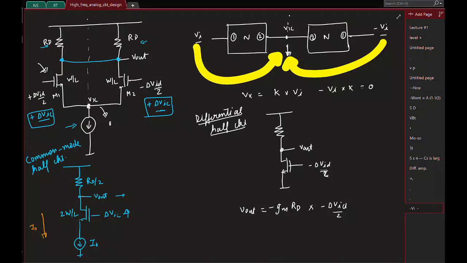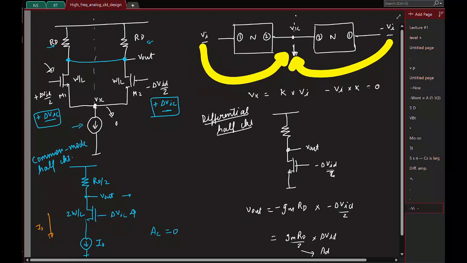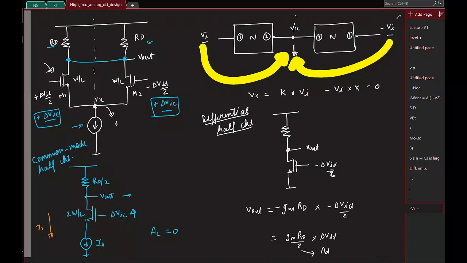So the gain here for the common mode signal, which will be called the common mode gain, is 0, whereas this guy is the differential mode gain, GMRD by 2. This is GMRD by 2 times delta VID, and this is the differential mode gain. Fine. Great.